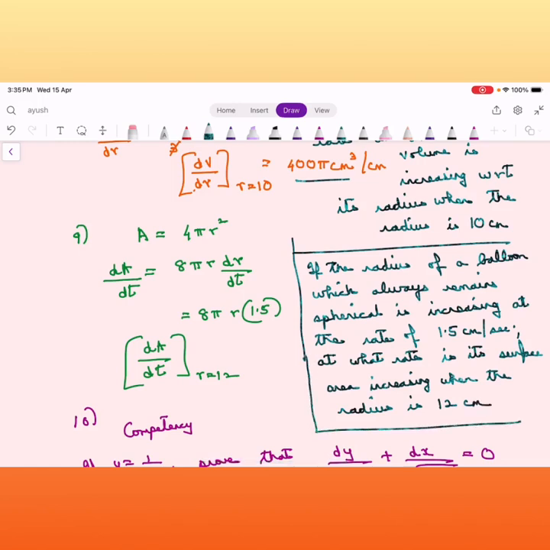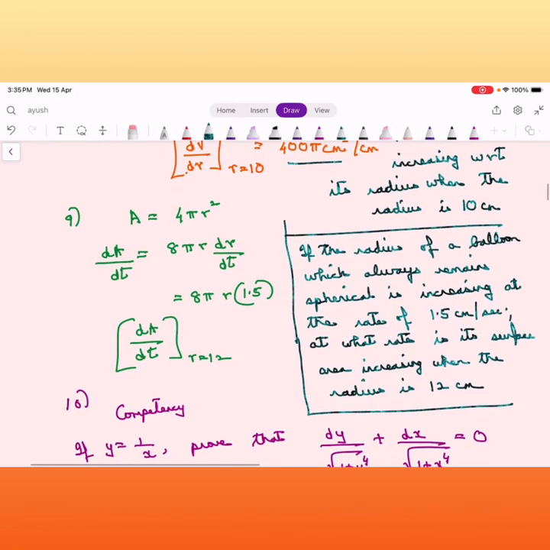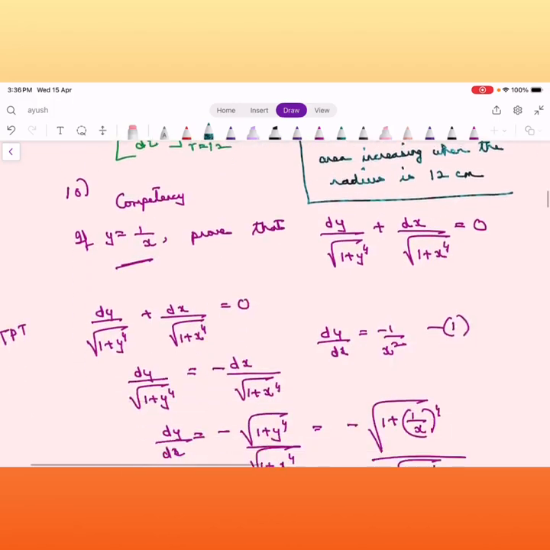So for a sphere, we are looking at the surface area. So surface area of a sphere is 4 pi r squared. So we calculate dA by dt, that will be 8 pi r dr by dt, and the radius is increasing at the rate of 1.5 centimeter per second. So dr by dt is 1.5, and then you substitute dA by dt at r equal to 12. You will get it as 144 centimeter squared per second.